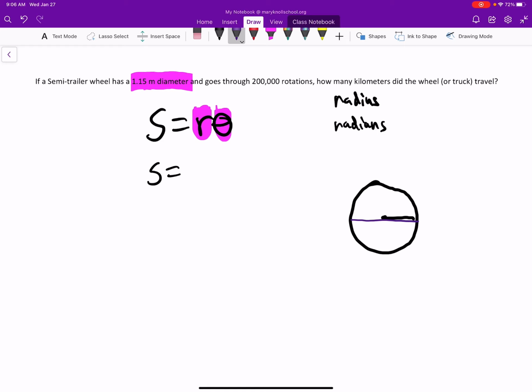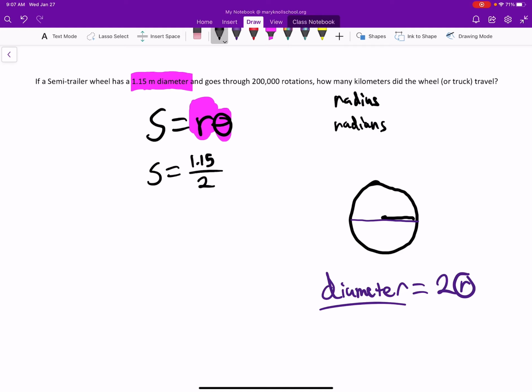So basically, the diameter equals twice the radius, right? We need to multiply the radius by 2 in order to equal the diameter. The other way around, if we have the diameter, we need to divide by 2 in order for it to be the radius, because again, we want the radius. So 1.15 divided by 2, now we have the radius, multiplied by theta.